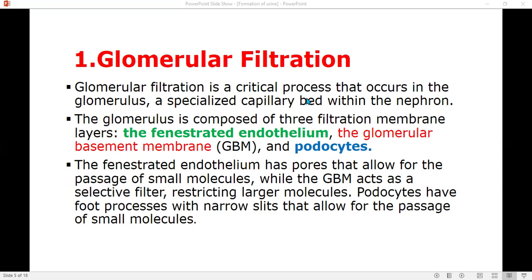If you say that it's the first process and it is composed of three filtration membranes, which are the fenestrated endothelium, the glomerular basement membrane, and the podocytes, you are earning marks. Now, we need to explain what is a fenestrated endothelium, what's the glomerular basement membrane, and what are podocytes. So the fenestrated endothelium has pores that allow for the passage of small molecules, while the glomerular basement membrane acts as a selective filter.